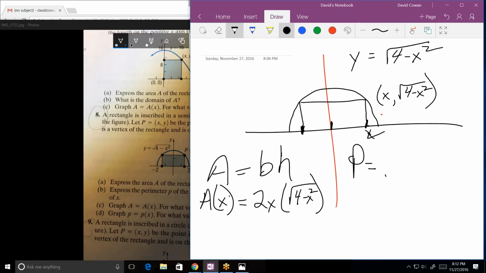Perimeter of the rectangle is what? 4x plus 2 times the quantity of the square root of 4 minus x squared. Perfect.